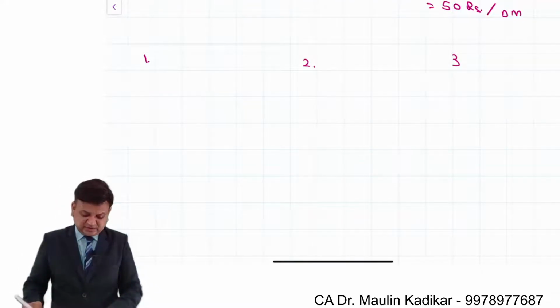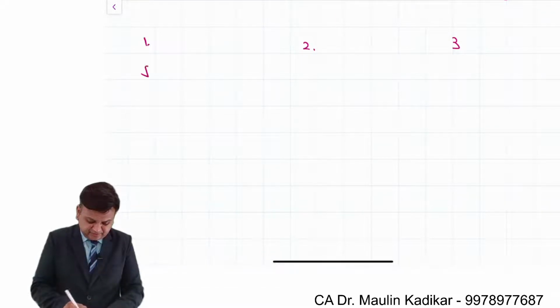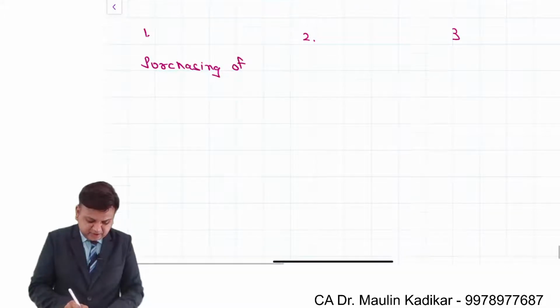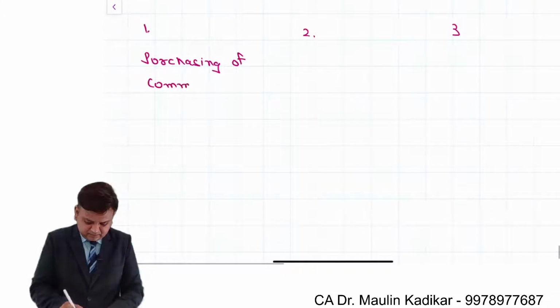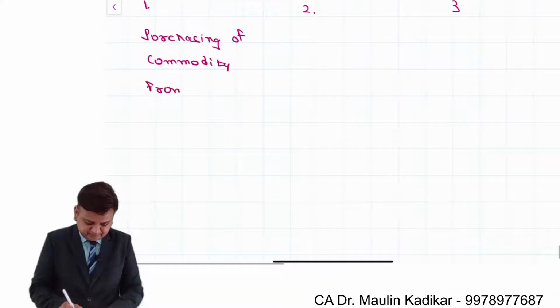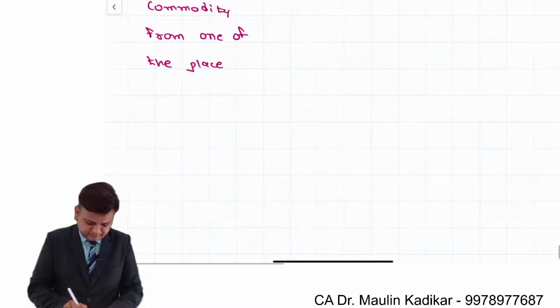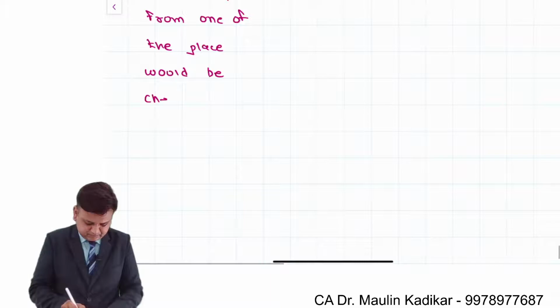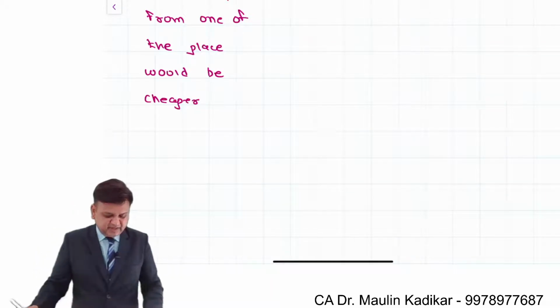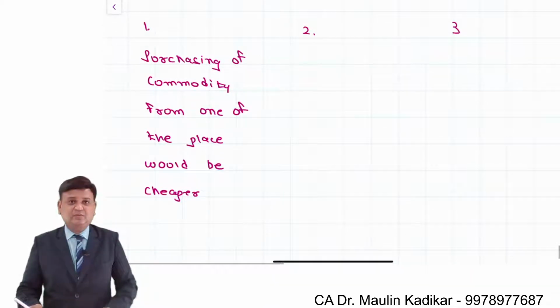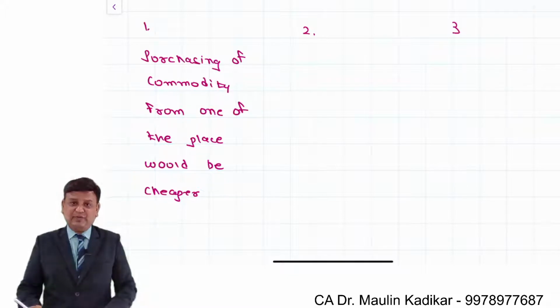The first is that purchasing of the commodity from one of the places would be cheaper, less expensive to buy the commodity from one of the two places.